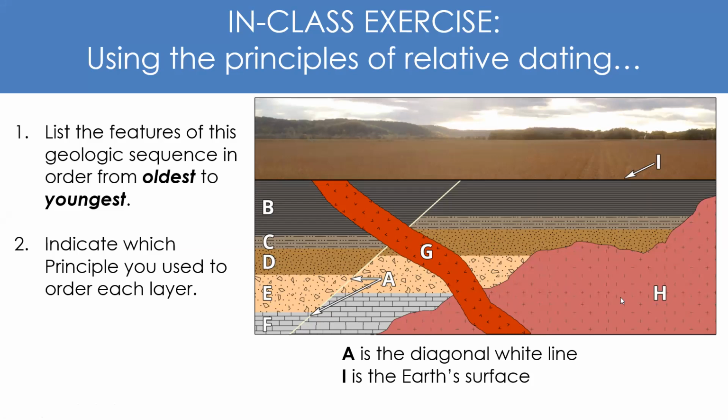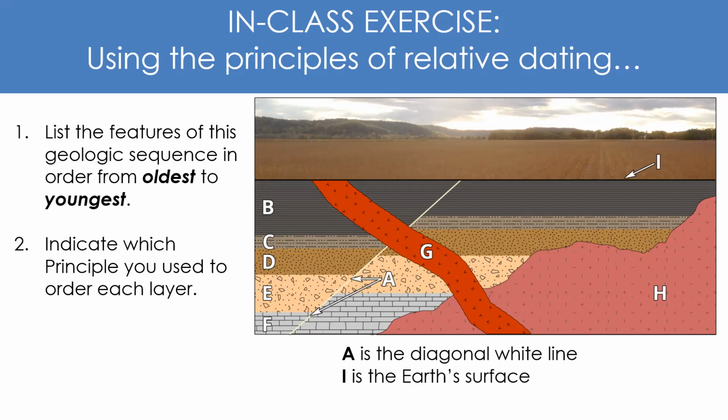So then after that, I'm looking at the layers that are on top of it. So we have B, C, D, E, and F. Those are the sedimentary layers on top of H. So let's look at those layers and see what's going through them. They're all horizontal, which means that out of those layers, B has to be the youngest, F has to be the oldest.